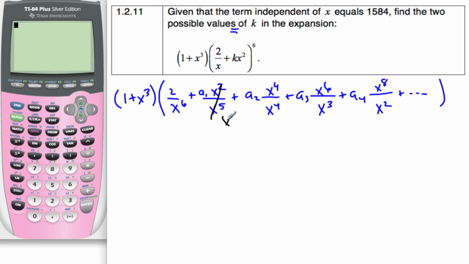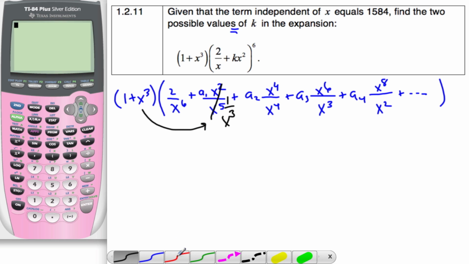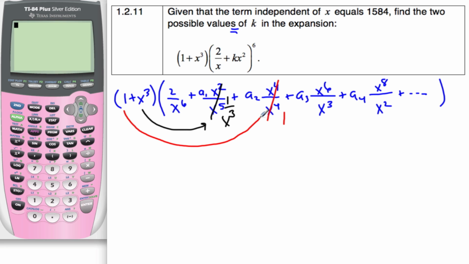Those will cancel and we'll be left with 1 over x cubed. So that multiplied with this will give us a constant term. Also, we have x to the 4th over x to the 4th. That gives us 1, and 1 times that will give us a constant term as well. So all we need to do is find a1 and a2, and that should be it.